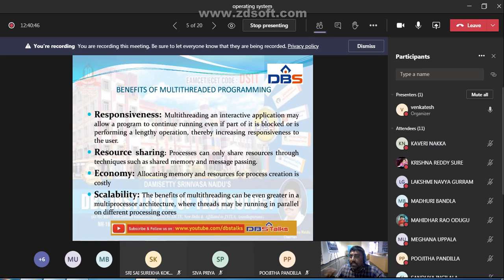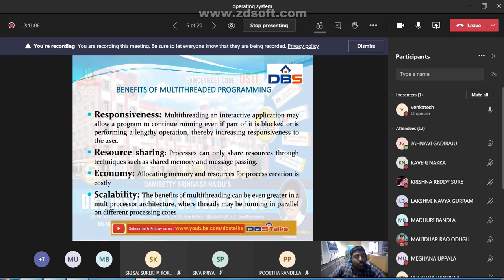For example, there are multiple threads executing. If one thread fails, there is one more thread that will take the responsibility of the failed thread and execute the process. Then there is no effect of this failed thread on the user. That means if one thread fails, automatically that failed thread will be executed by one more thread.